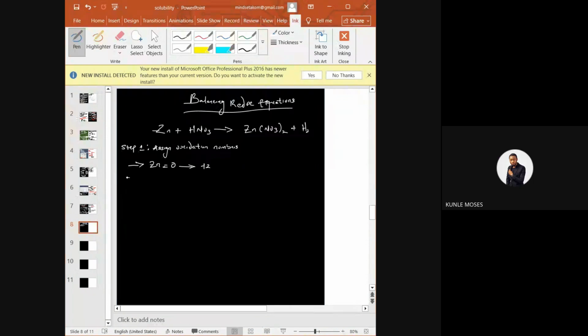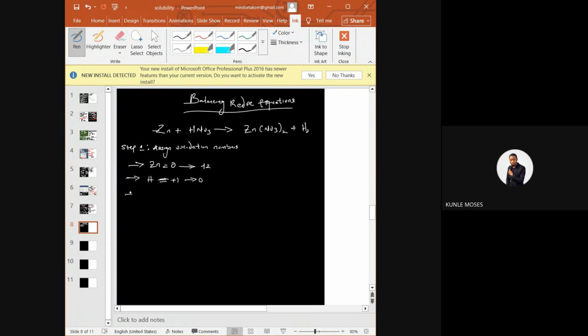What about hydrogen? Hydrogen in nitric acid is +1, and on the product side it goes to 0, because this one is in its natural state.